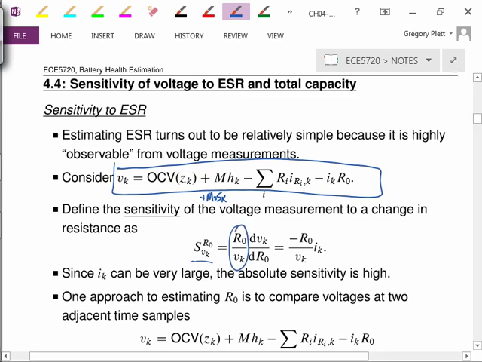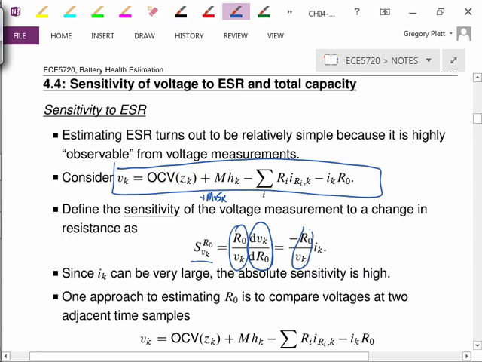So this is just a scaling factor to normalize things and get the units right. But this talks about how much the observation changes when the element I'm trying to observe indirectly changes. So a big value of sensitivity, easy to observe. Small value of sensitivity, difficult to observe.